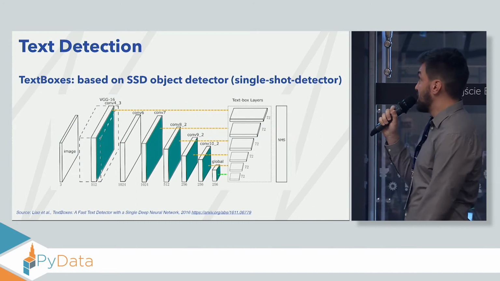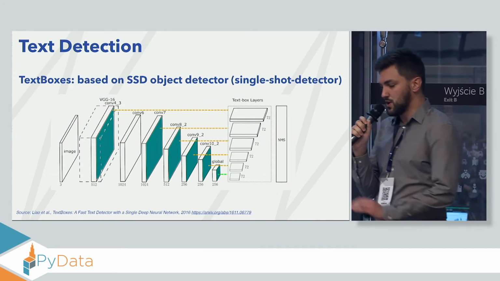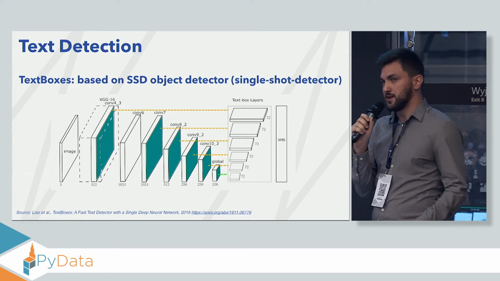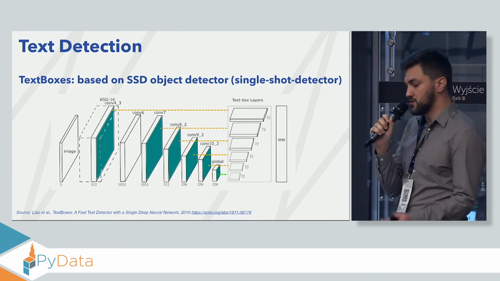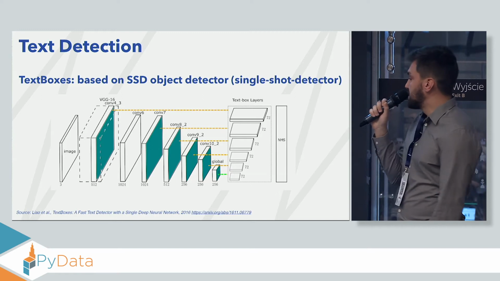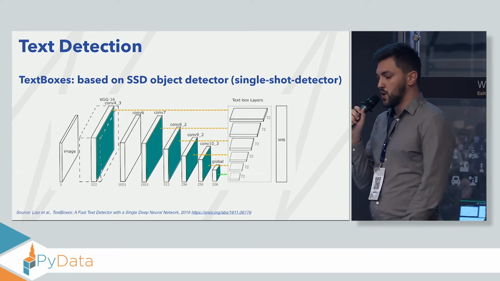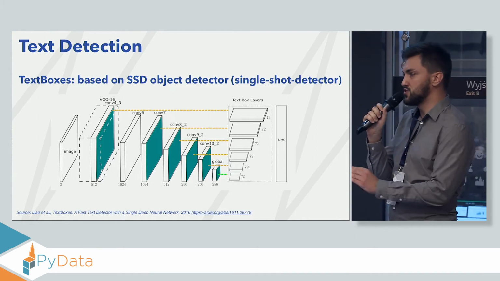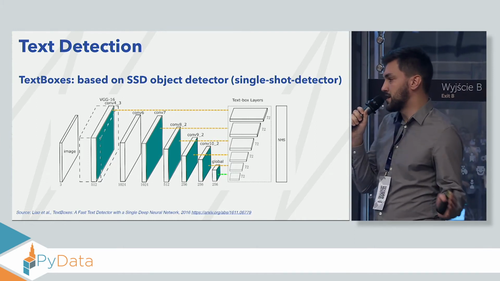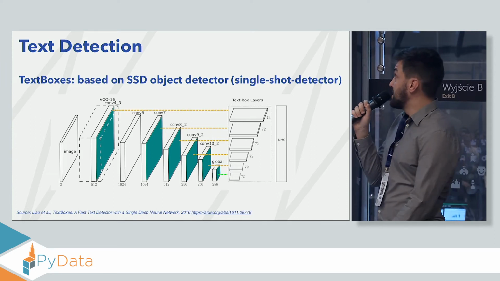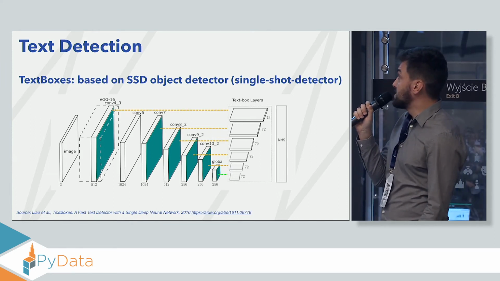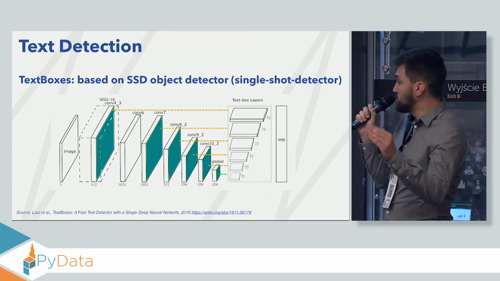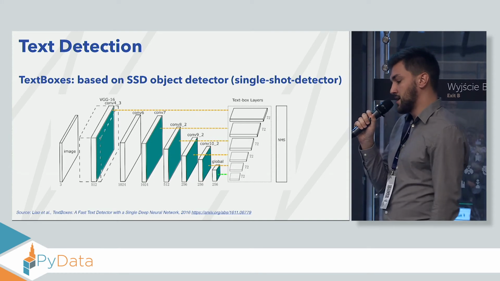So a couple of words on how TextBoxes work. I don't want to go into very much detail, but they are based on the SSD object detector, called a Single Shot Detector, and they perform classification on outputs of intermediate feature maps that have different spatial resolution. Thanks to that, with just one forward pass, they can detect the text on multiple scales and locations.